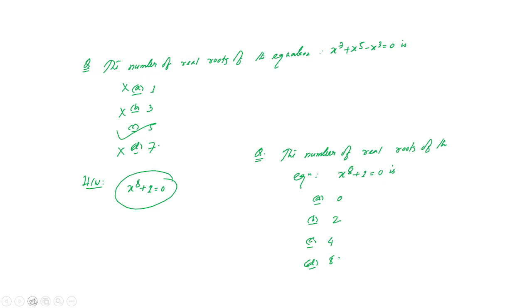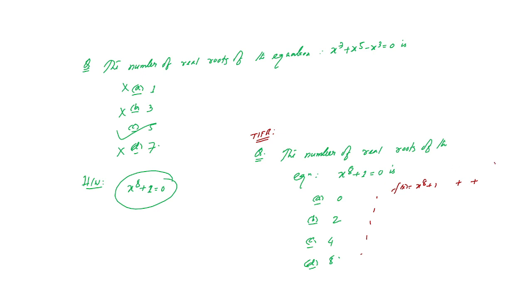So how will we solve this problem? This question about the number of real roots is important for TIFR type of examinations. Here your f(x) is x^8 + 1. You check the variation of sign, that will be plus plus.